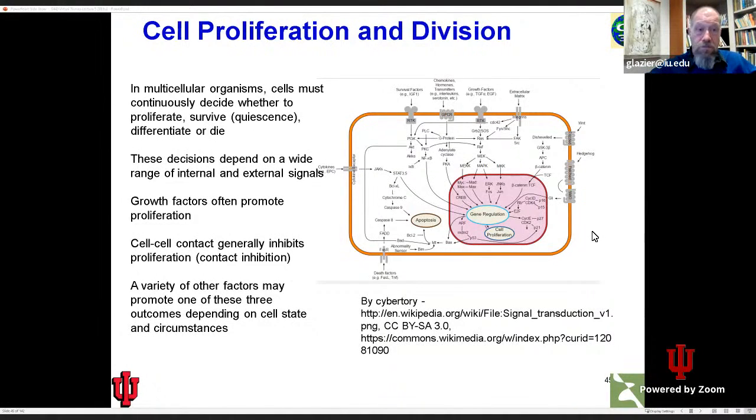If the cell's in the wrong environment, it's going to tend to make a decision to die. If the cell is in the right environment, but there aren't neighbors all the way around it, that beta-catenin signal will promote cell proliferation until there are. And so this is a particularly nice way of regulating the density of tissues.